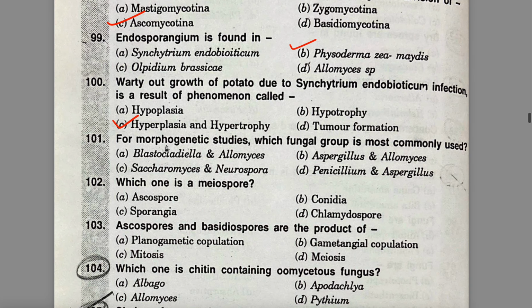101. For monogenetic studies, which fungal group is most commonly used? Blastocladiella and Allomyces, Aspergillus and Allomyces, Saccharomyces and Neurospora, or Penicillium and Aspergillus?